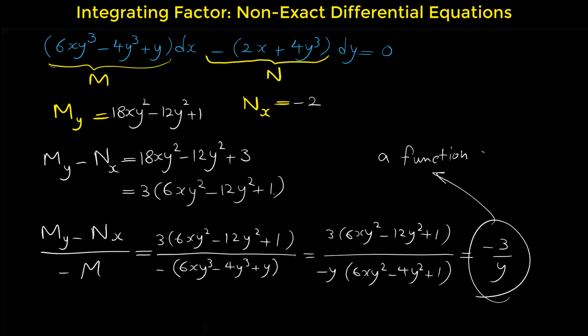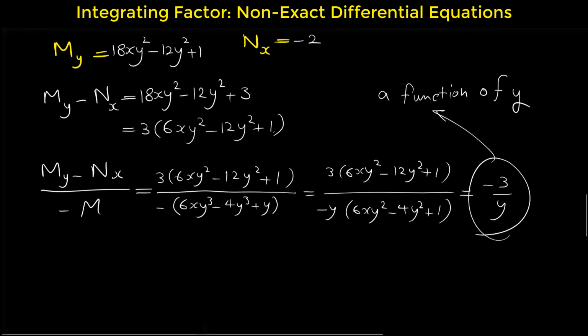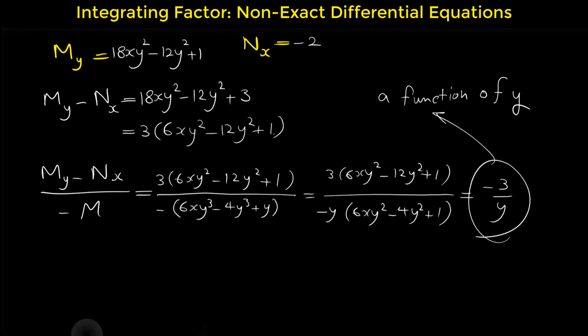only in terms of y. So we can find the integrating factor for the differential equation from this formula. Integrating factor, which usually we show with mu, actually here we can say mu of y because it's a function of y, is equal to e to the power of integral of this expression.